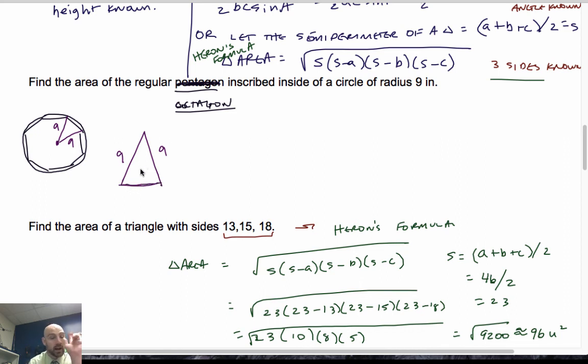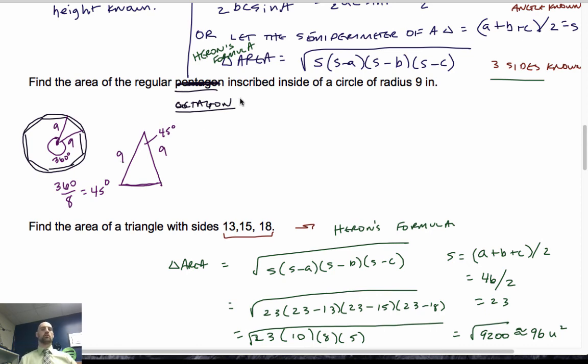But I do know that there's 360 degrees around the inside here. And there's 8 of these angles, so 360 divided by 8 is equal to 45, right? And so I know this angle is 45 degrees.